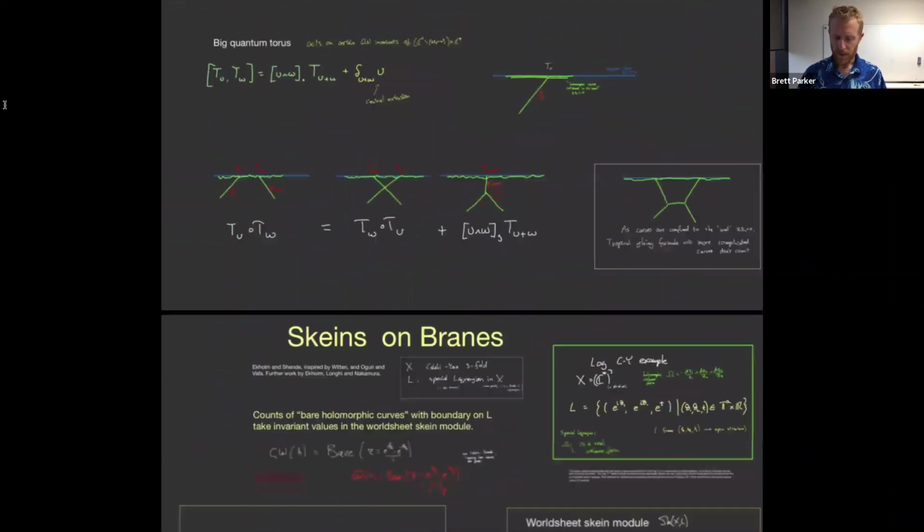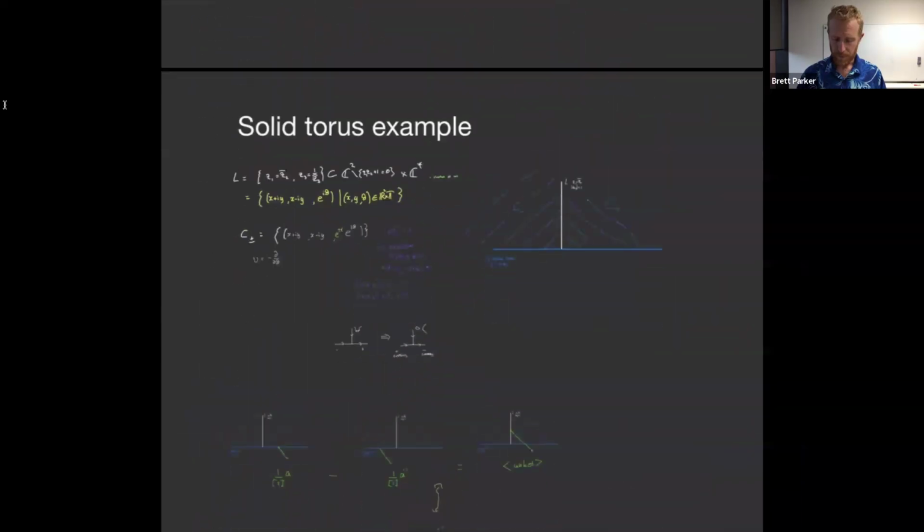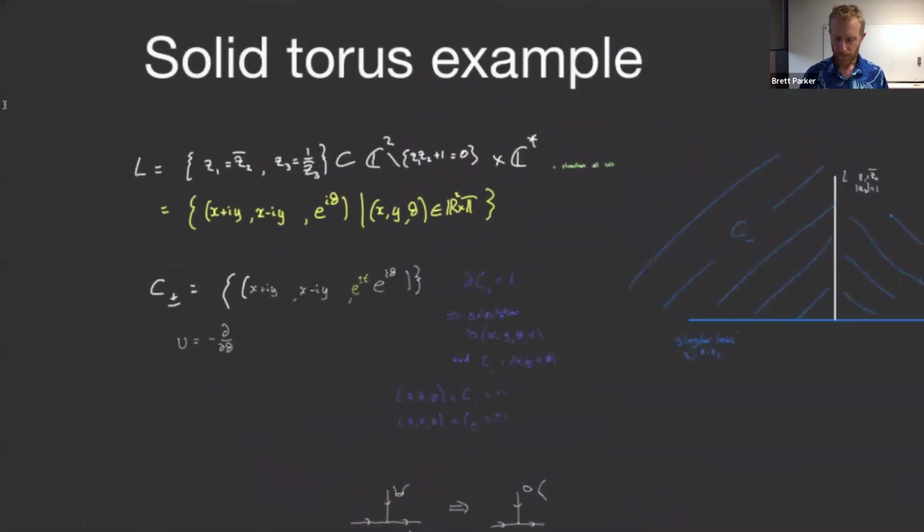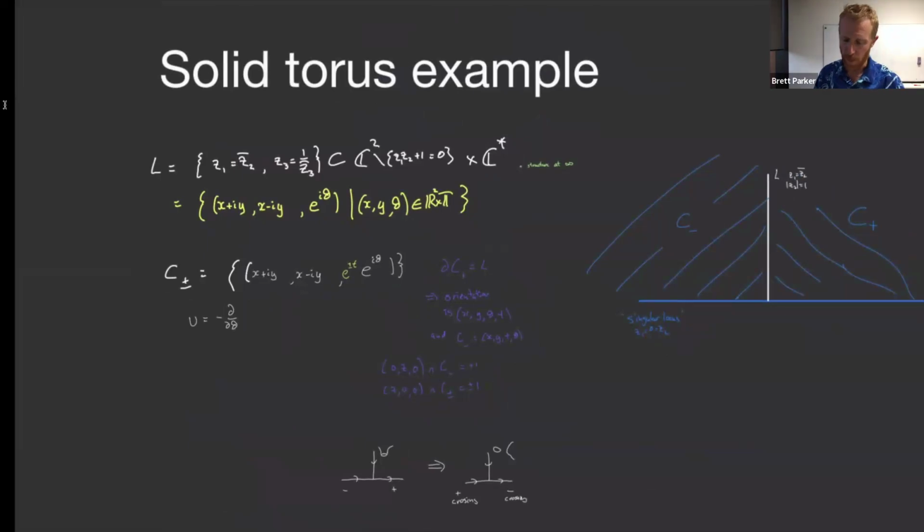So the manifold that we're looking at is C squared minus this divisor times C star.